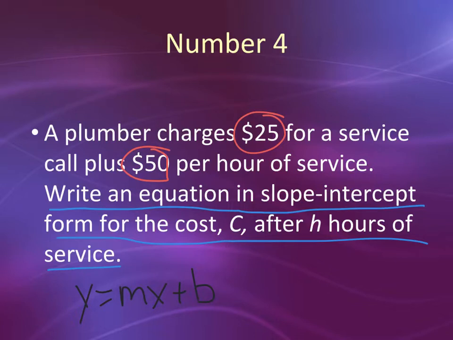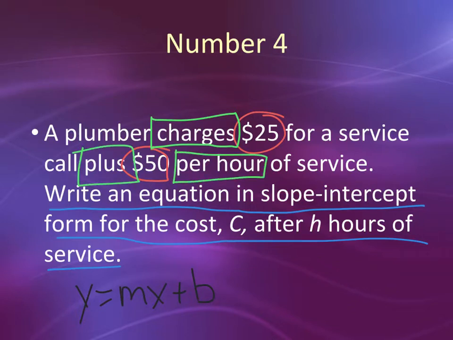And then my keywords for this is that he charges $25 for a service call plus $50 per hour of service. So that means our equation will be set up as the cost C, which is going to be our Y, is going to equal $25. Wait, hold on. It wants us to write it in the form, so let's write it in the correct order, because the first thing that it's asking us for is the cost.